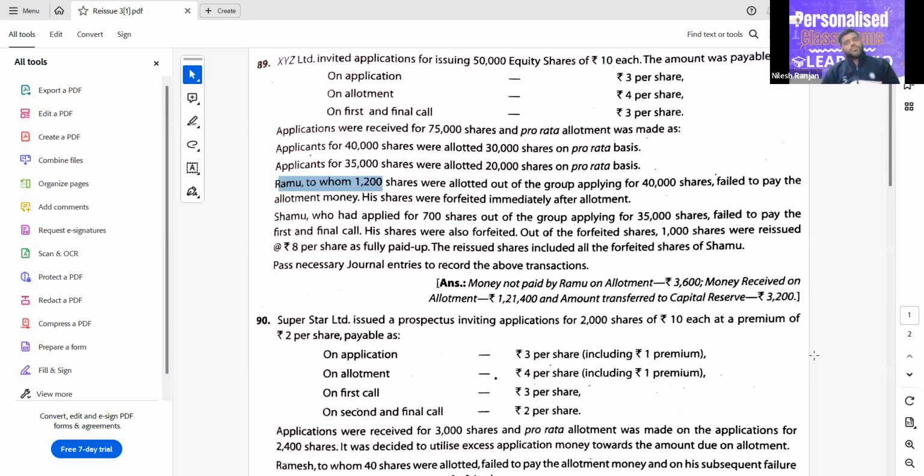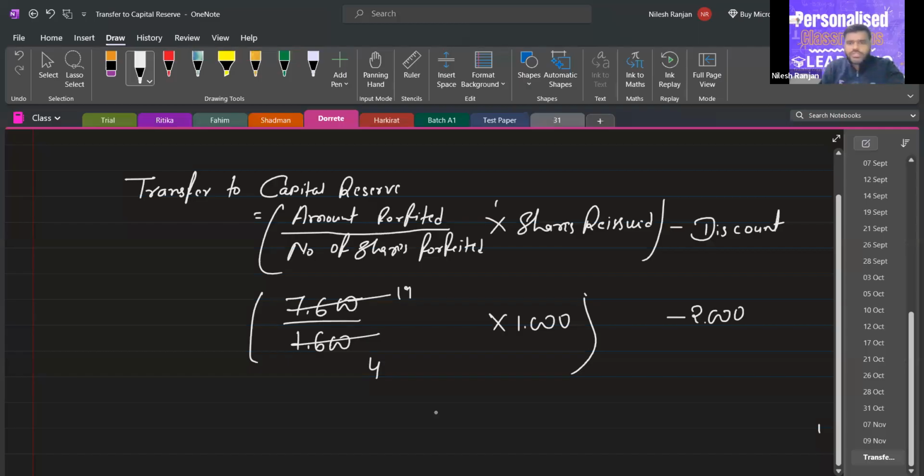Okay, so the reissued shares include all the forfeited shares of Shamu. Then there will be a different calculation. So the total amount is 7,600.